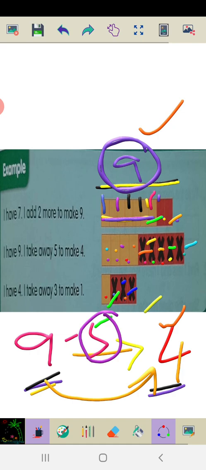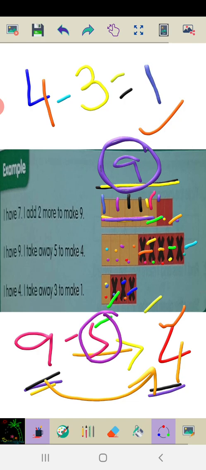When 3 are removed, how many yellow boxes are left? 1 only. Initially it was 4 boxes. From the 4 boxes, when 3 boxes are removed, it becomes 1. So 4 becomes 1 as a new number when 3 boxes are removed.